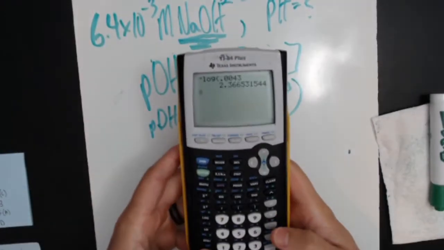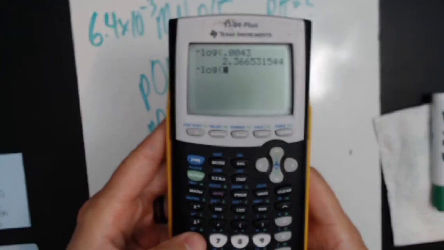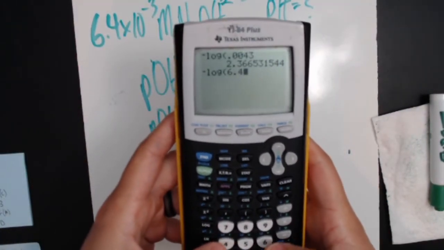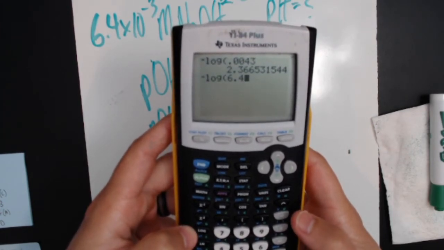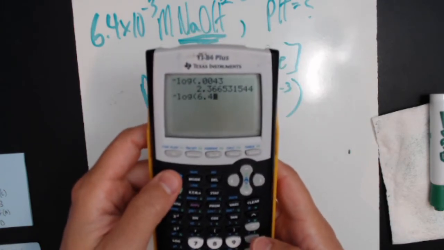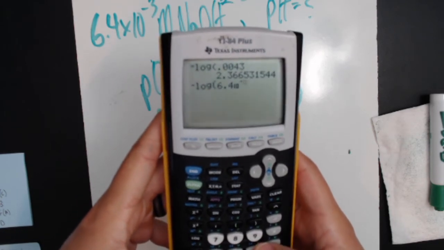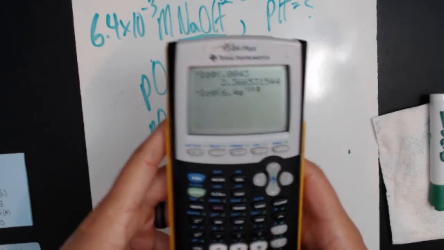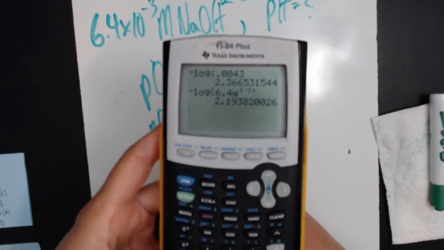So that's what we're punching into our calculator first. So let's do that. Alright, negative log. And then we have 6.4. And then you could do this a couple different ways. You could literally type in times 10 to whatever, or you could use this function right here, times 10 to the negative third, and that should do it. 2.19.